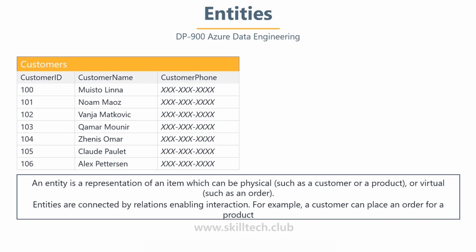Entities are connected by relations, enabling interactions. For example, a customer can place an order for a product. In this diagram, the customer table, product table, and order table all have connections with each other, because every customer can place an order for a particular product or maybe multiple products.